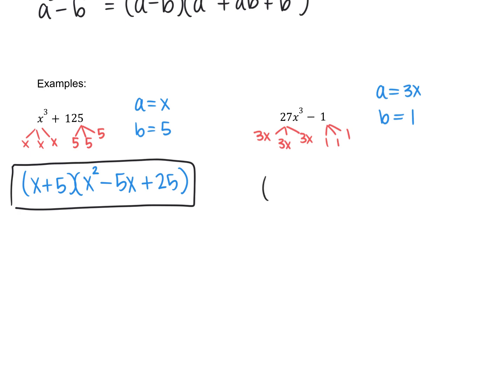So when I factor it, my first set of parentheses is a minus b, so 3x minus 1. Then I want to square a. So I'm not just squaring the x here, I'm also squaring the 3. So it's going to be 9x squared plus a times b, 3x times 1 is 3x, plus 1 squared, which is 1.